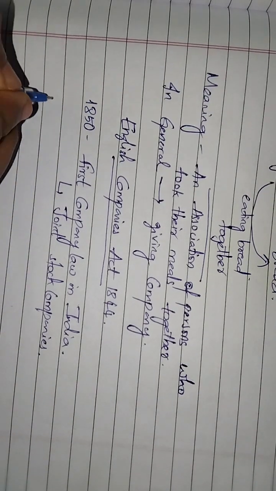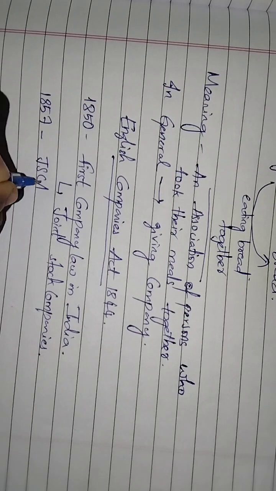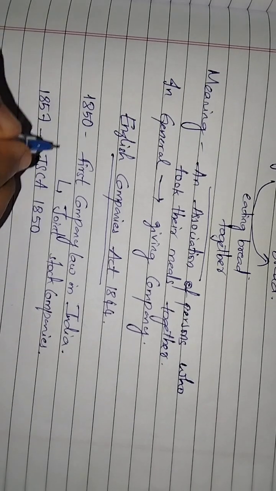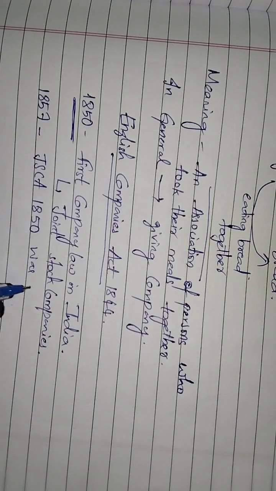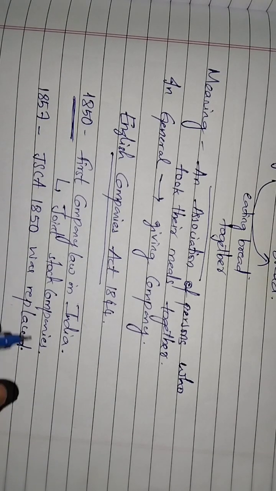What happened next? In 1857, the JSCA 1850 was replaced. It was repealed. Why do you think it was repealed?